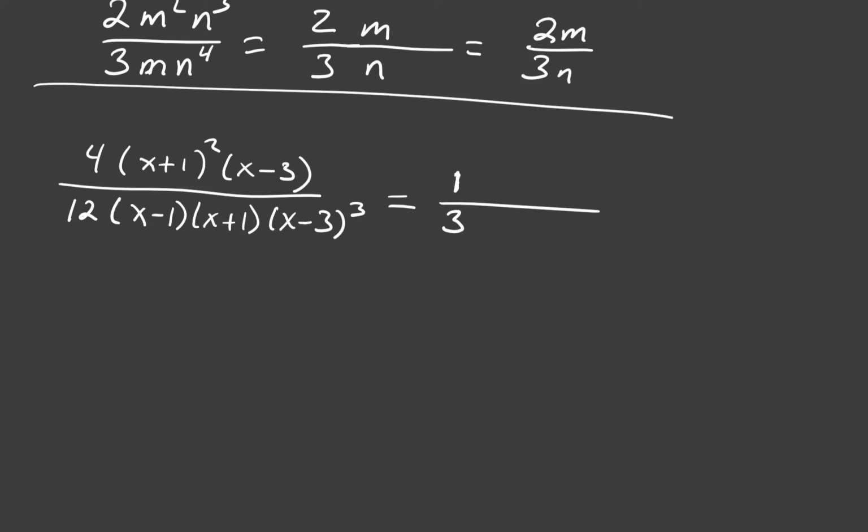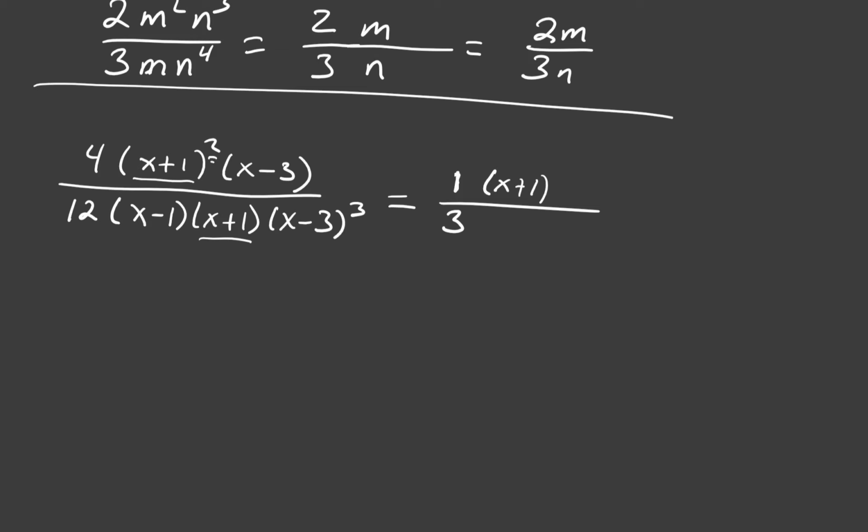I've got an x plus 1 squared on top, so I've got 2 x plus 1s, and 1 x plus 1 on the bottom. One of those is going to cancel top and bottom, so I'll just be left with an x plus 1 to the first, and remember we don't write exponents of 1. I've got an x minus 3 on top and 3 of them on the bottom, so 2 of them are going to be left on the bottom.